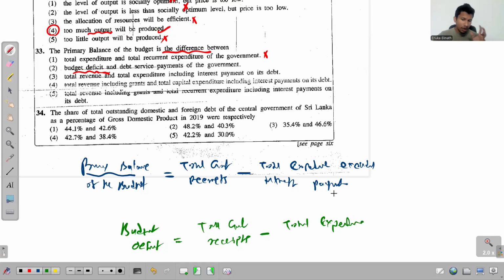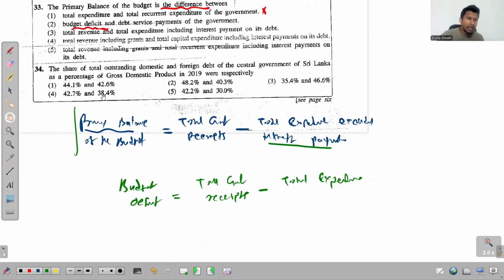When I just say total expenditure, what does it include? It includes even the interest payments. So inside the primary balance of the budget, we don't include the interest payment, but inside the budget deficit, we do. I mean, we have deducted that when calculating the budget deficit.